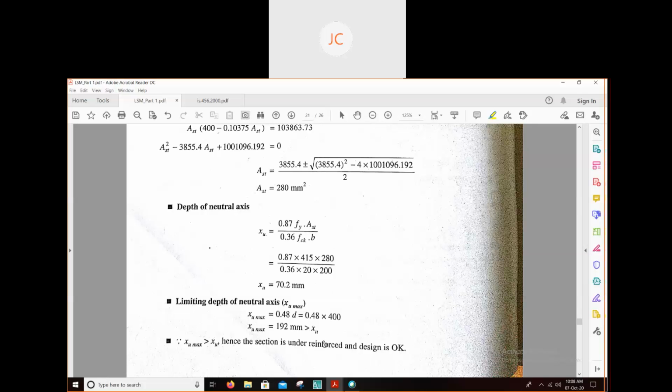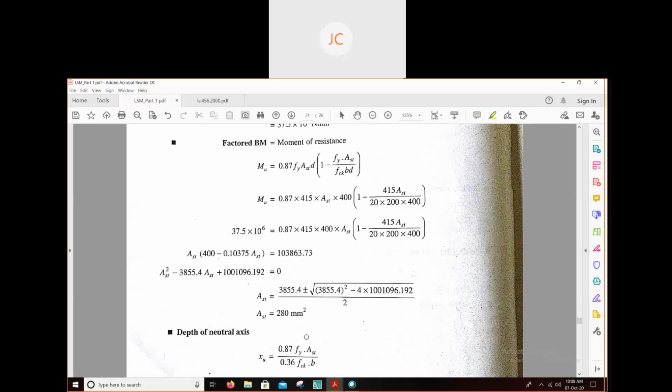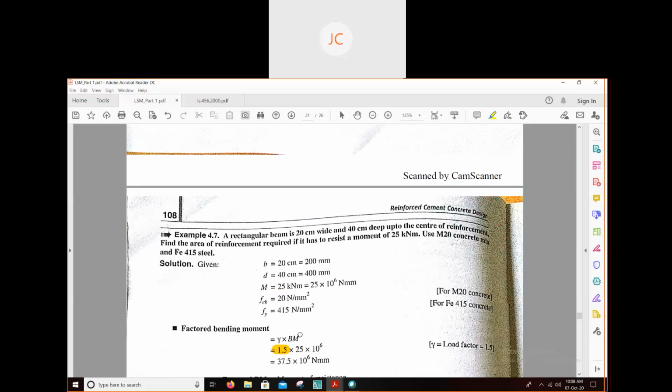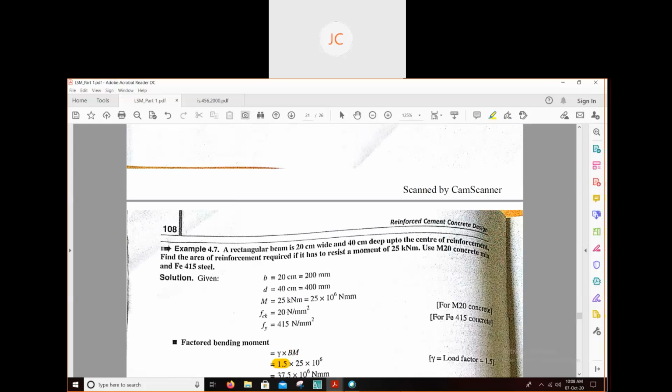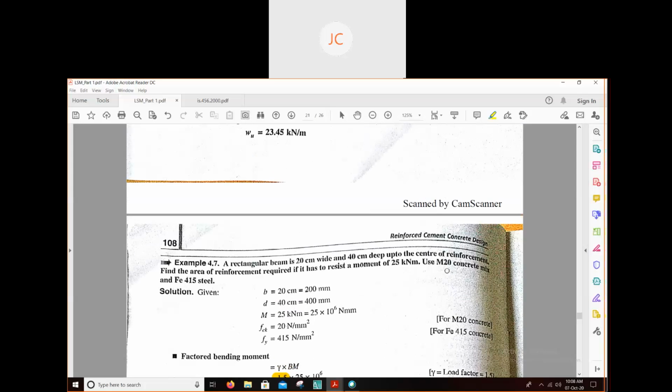Okay, all of you, please solve the same problem, taking this as M25 and Fe500, and with a factored moment of 30 kilonewton meter.